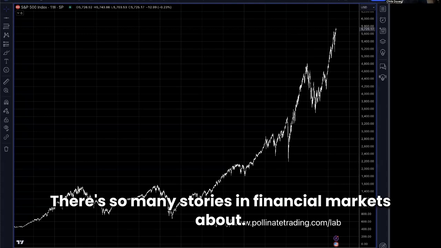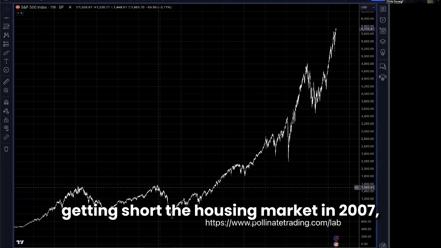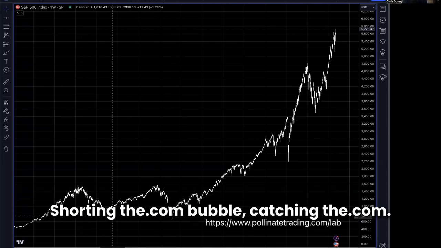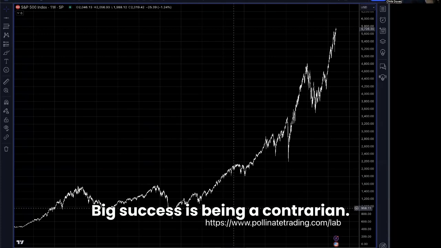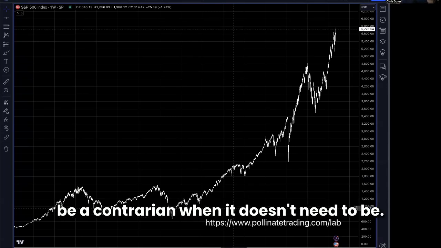There's so many stories in financial markets about the big short, getting short the housing market in 2007, 2008, catching the big bubble bursting, shorting the dot-com bubble. There's so many stories of big successes being a contrarian. The thing about contrarianism is it's really easy to be a contrarian when it doesn't need to be.